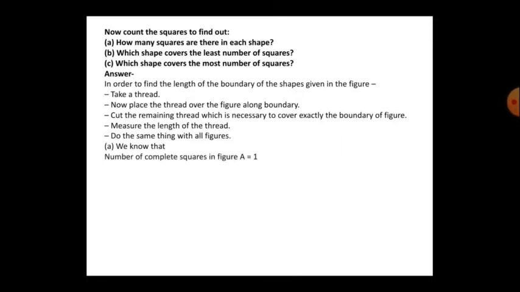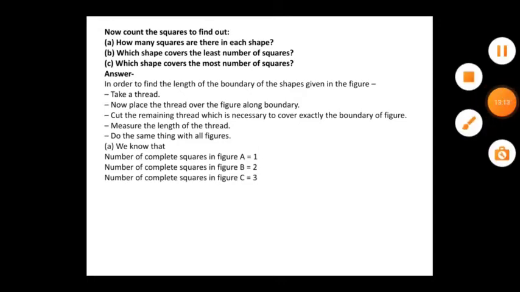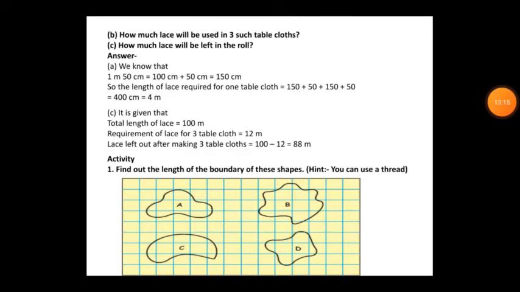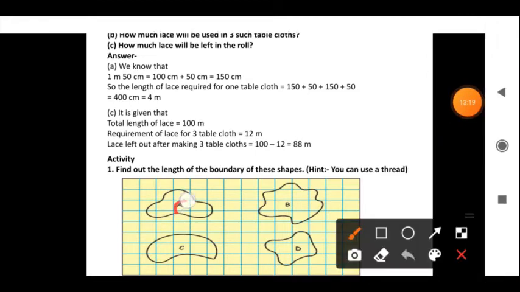Now, the number of complete squares in figure A is 1. You can observe in figure A that only one complete square is there. How many complete squares are there in figure B?